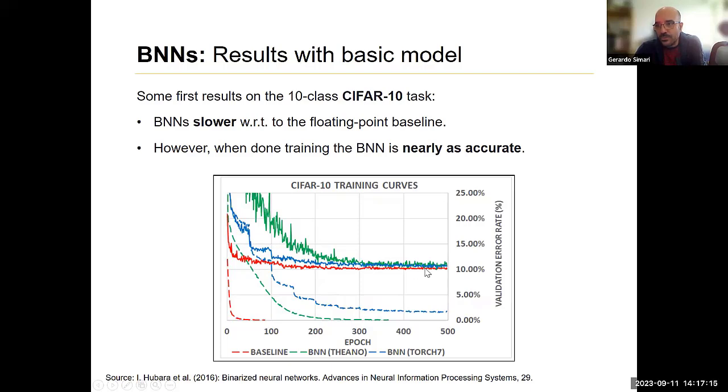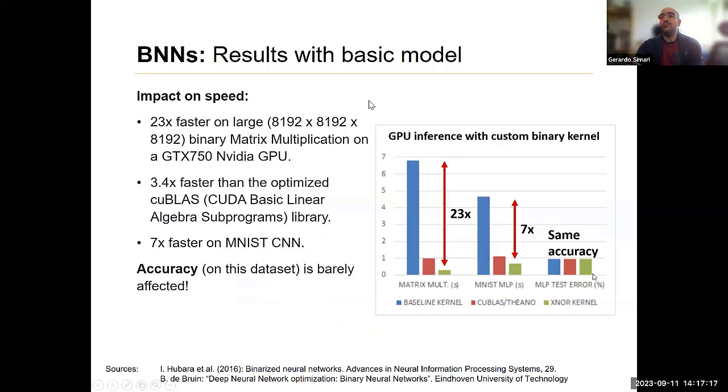And the validation errors show the same sort of relationship between the curves. What is really impressive is the impact on speed, which the authors, again in 2016 in the original paper, reported: a 23x speedup on large binary matrix multiplications using a specific NVIDIA GPU, 3.x faster than the cuBLAS library, and 7x faster on MNIST CNNs.